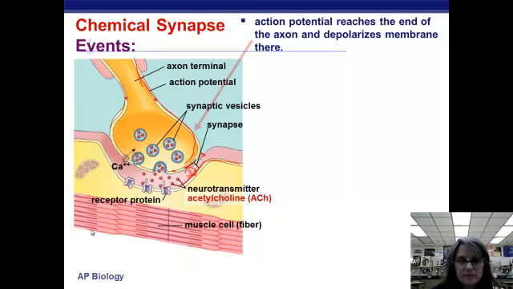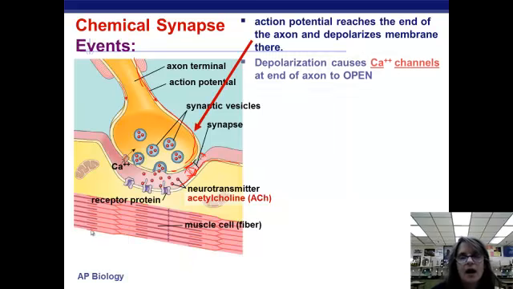Now, however, at the end of the axon, this depolarization is going to cause something to happen. In the end of the axon, there are calcium channels, and you can see one right there. These aren't anywhere else in the neuron. They're right here at the end of the axon.